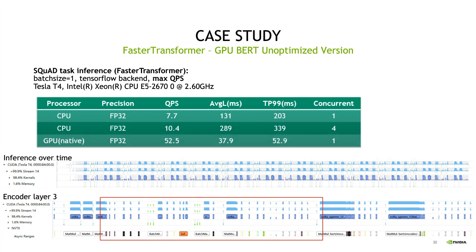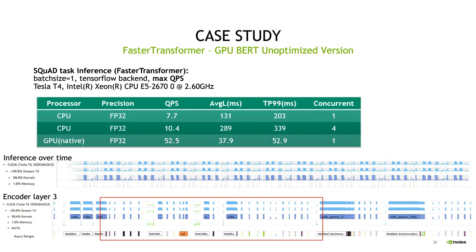Based on the previous discussion on the timeline, you can see that there's actually a lot of idle time. And I also give the detail of encoder layer 3's execution. There you can see the idle time is even longer than some of the kernel execution. So based on this, we have a lot of things to do to optimize the inference.